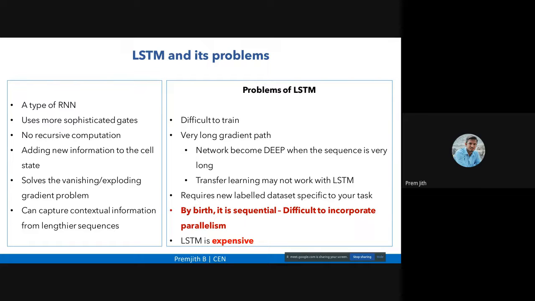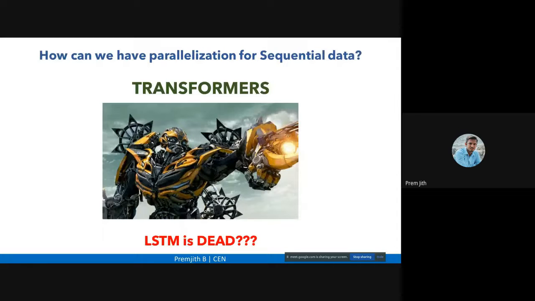The people from Google understood that with the help of an attention mechanism, it is possible to create a network which can process the data simultaneously, bringing parallelism into the processing. That network is called transformers.